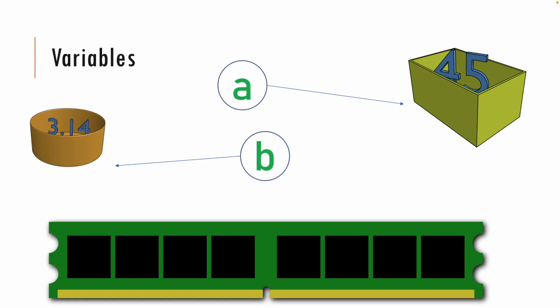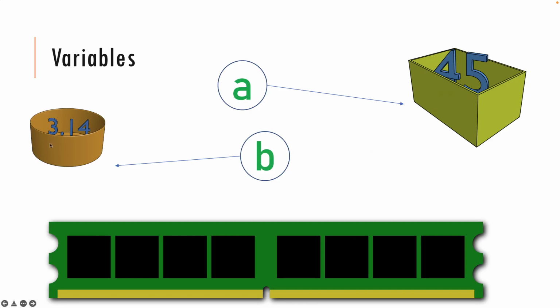It is just like you have a container, and the variable is a label on the container. You peel off that label and stick it to another container, just like that. These are references referring to the values inside RAM.